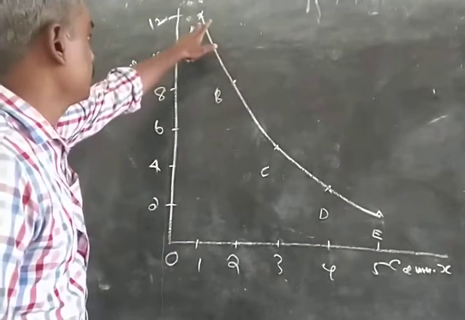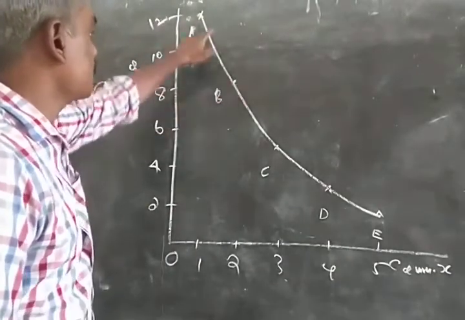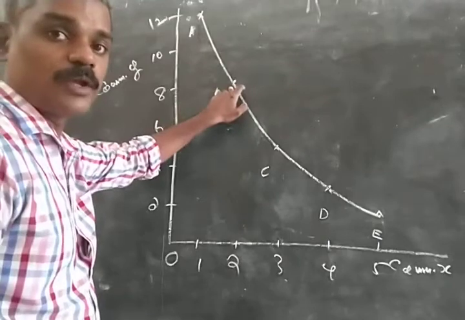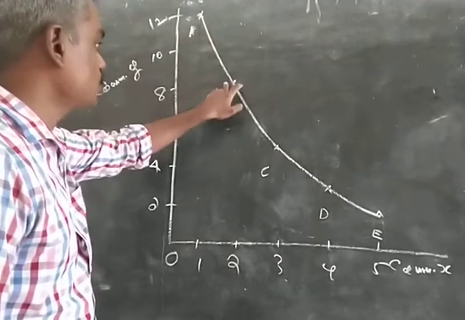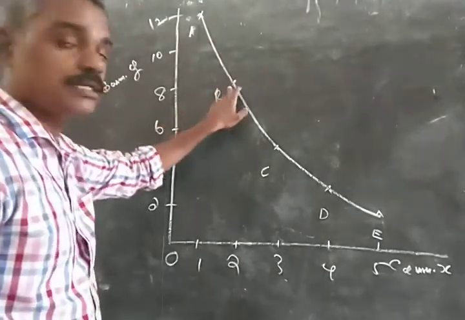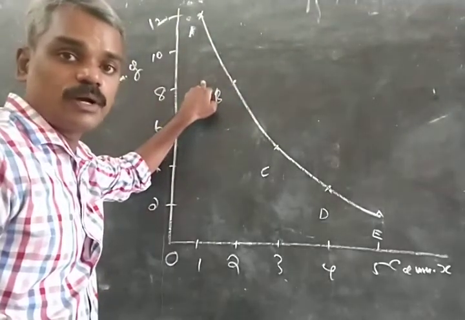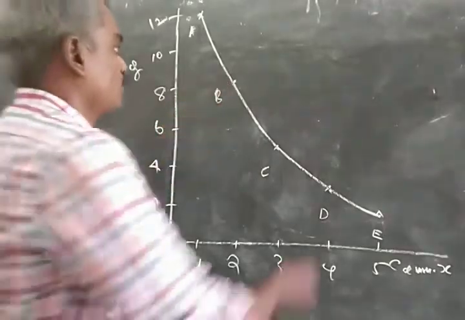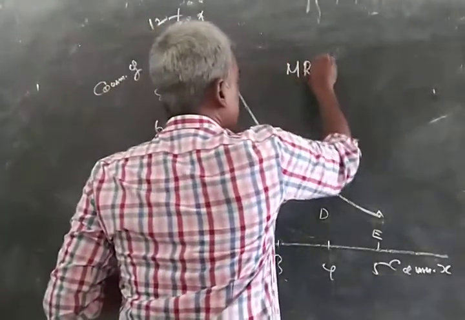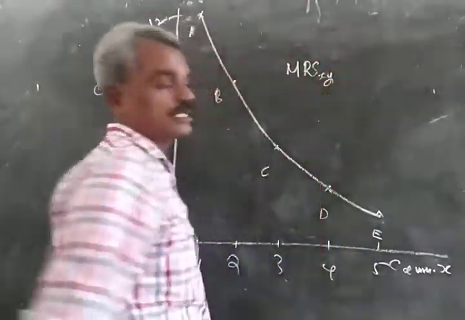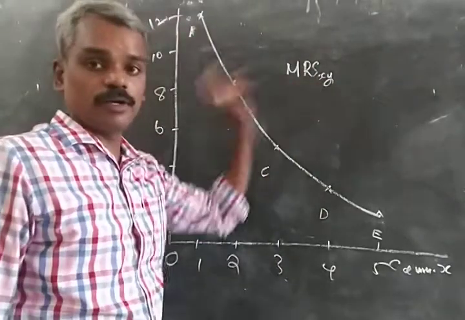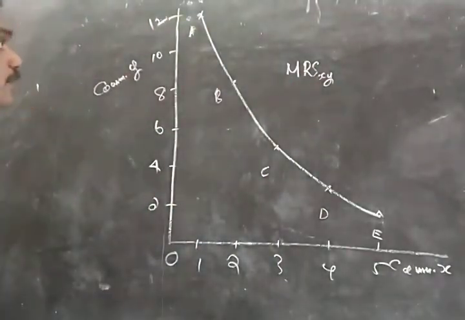For example, here the consumer is substituting x for y. He is increasing the consumption of x and reducing the consumption of y. So he is substituting x for y, and it is called MRS XY, the marginal rate of substitution of x for y. So what is the MRS here?